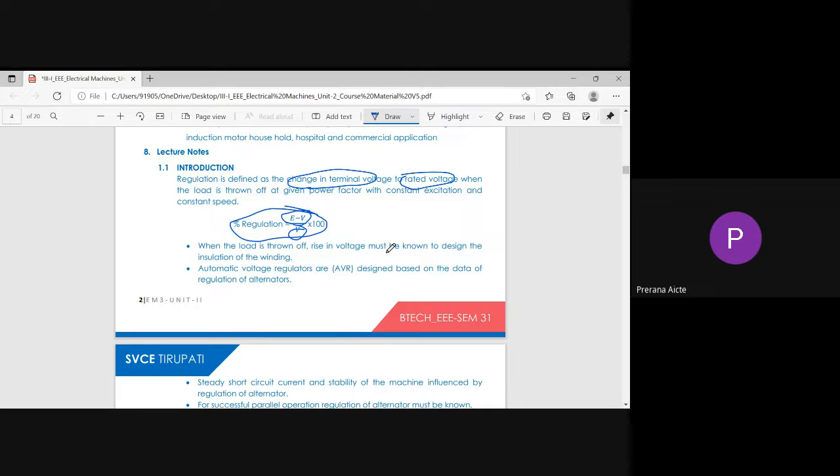What is the definition of voltage regulation? It is defined as the change in terminal voltage to the rated terminal voltage. Here, E minus V is the change in terminal voltage. V is the rated voltage, E is the no load voltage. So the voltage regulation of the alternator is the change in terminal voltage from no load to rated voltage, as a ratio of the rated voltage.